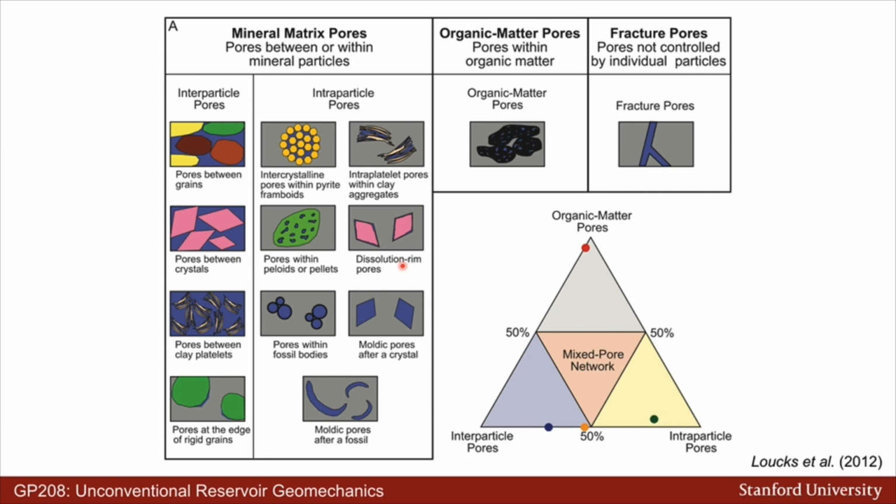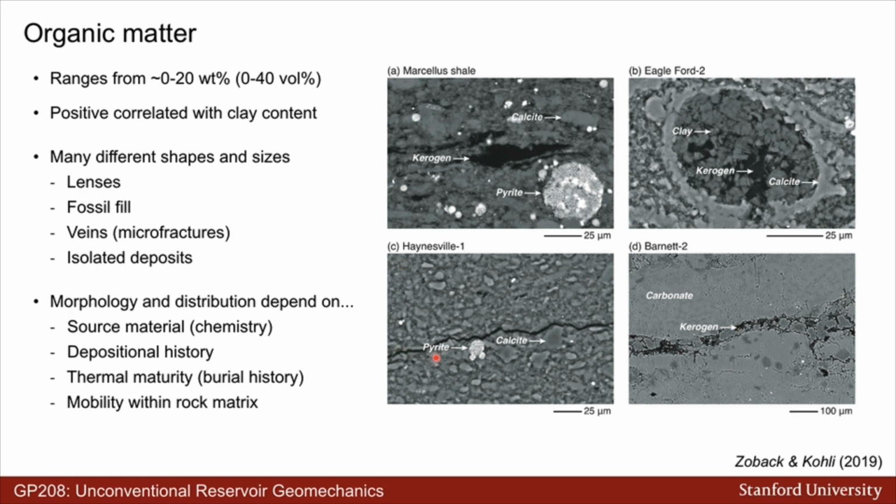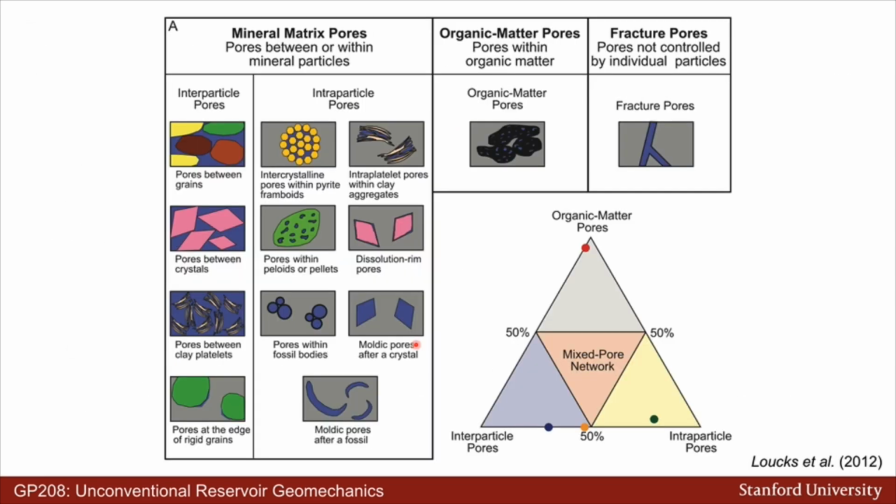The last class of pores, which we saw briefly in the previous slide, are microfractures, which can sit inside the mineral structure, and you find them mostly parallel to the bedding plane because that tends to be a weak plane over which the rock can actually part and form fractures. Now that we've understood the range of different pore sizes and pore types and the mineral components of the rock, let's start looking at some of the rock structures in detail.